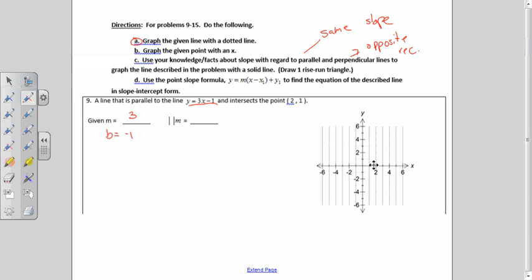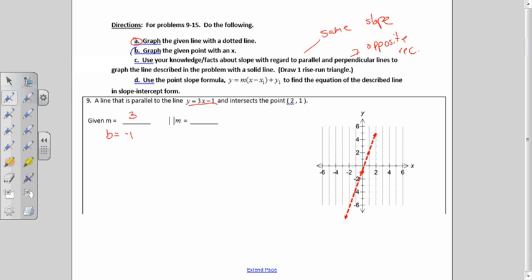So I will start at negative 1 on the y-axis, and then go up 3 and right 1, up 3 and right 1 to repeat that process, and I will then draw a dotted line as the directions prescribe.